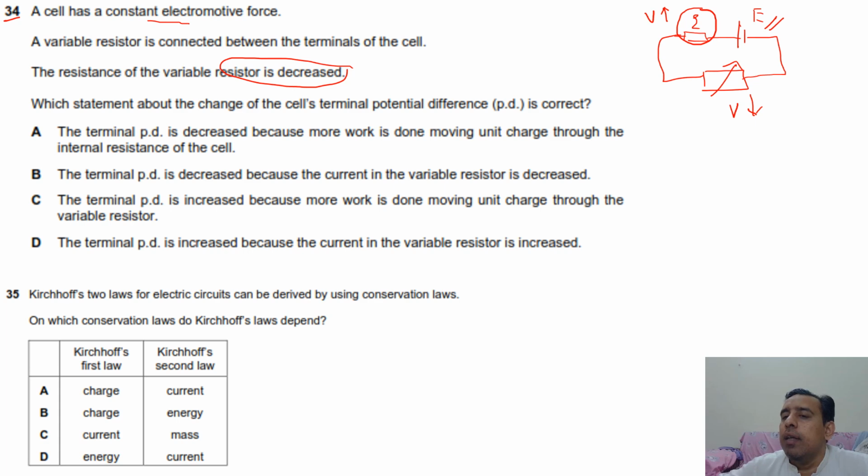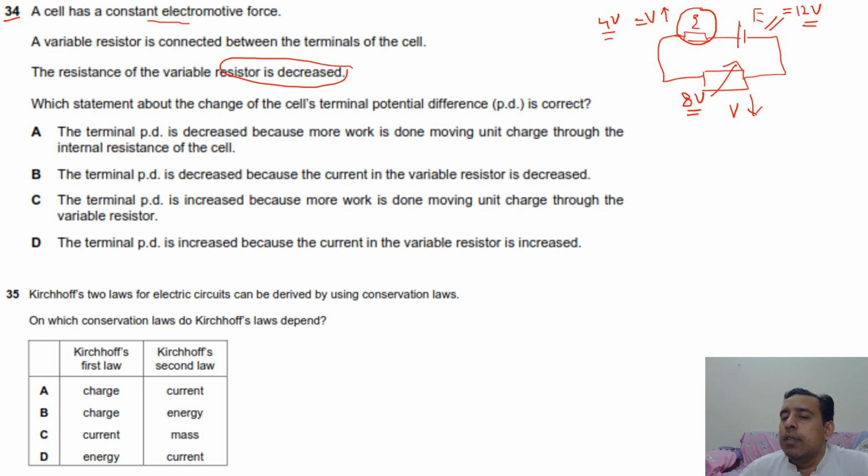For example, this EMF is constant, say 12 volt. Suppose this voltage is 4 volt and this voltage was 8 volt, so the sum is 12.